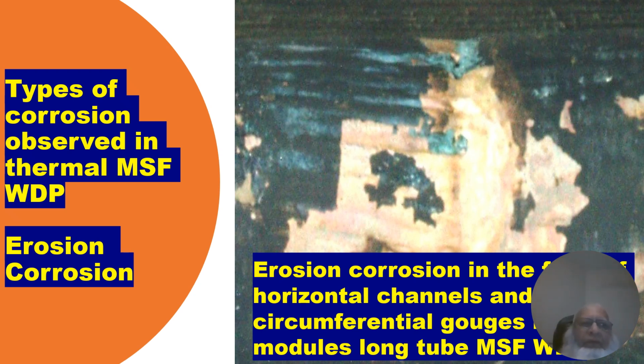This slide shows the erosion corrosion observed in thermal MSF WDP. Erosion corrosion was observed in the form of horizontal channels and circumferential gouges in two modules of the long tube MSF water desalination plant, as explained in the previous slide.